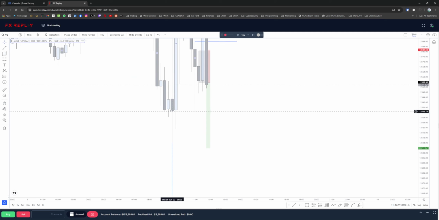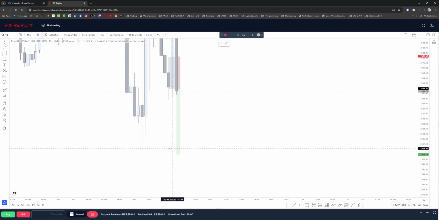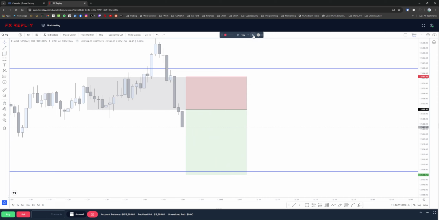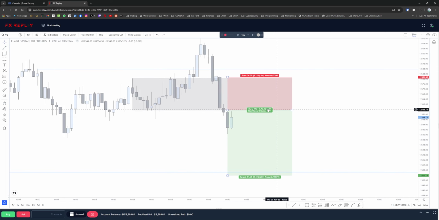What's my draw on liquidity? Yeah, you could probably aim for this low. I don't know if that would have tapped you in. Yeah, it would have. That was the breaker there, the low.